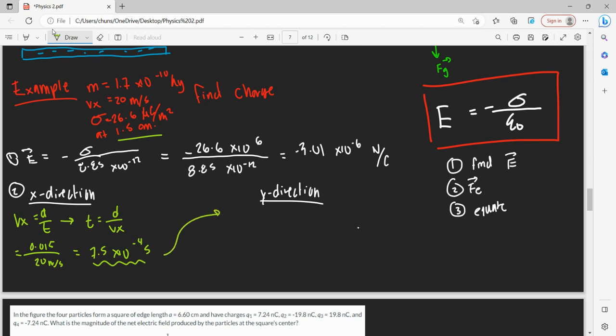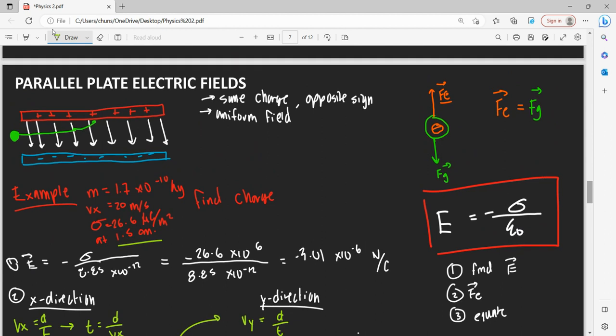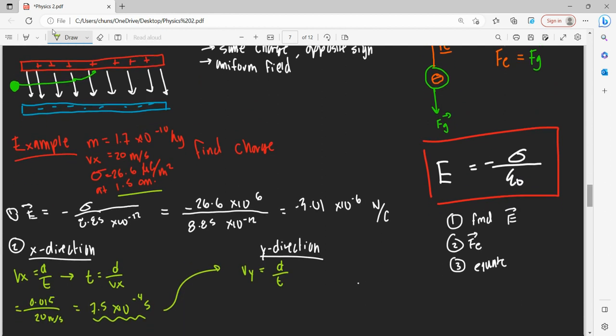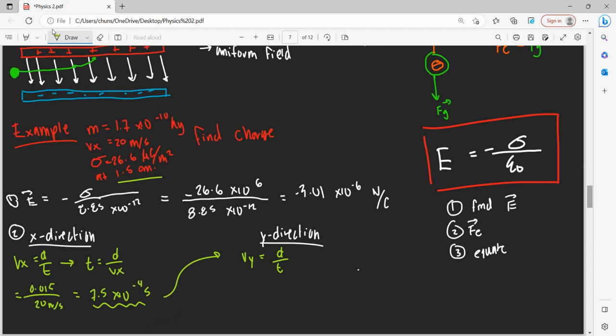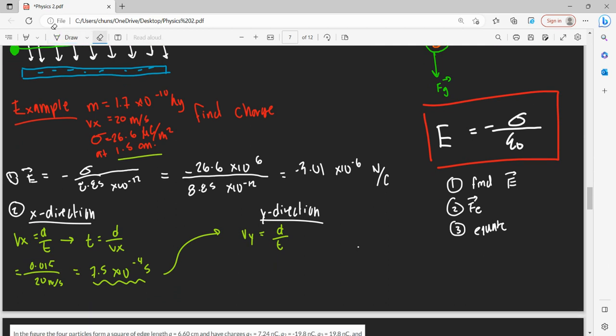We're going to put that into our y direction to find what our y velocity is. And we know that it gets completely deflected all the way up to the top. We just need to find the separation. But there's actually a different formula we can use for that, since we aren't given that.